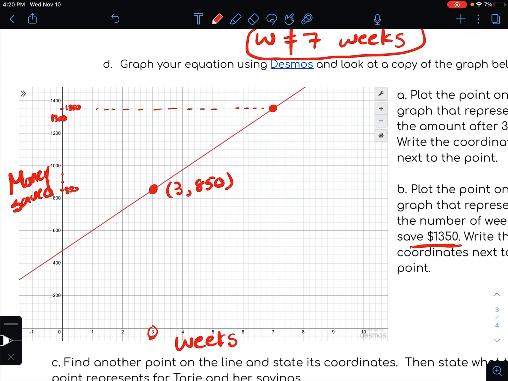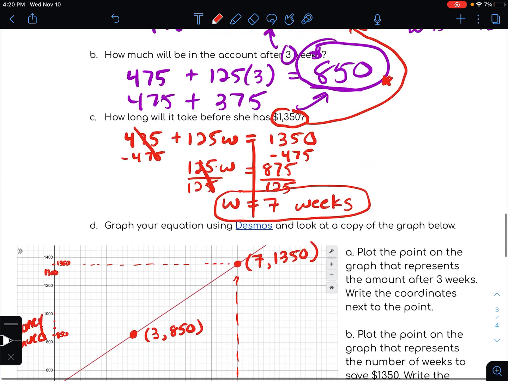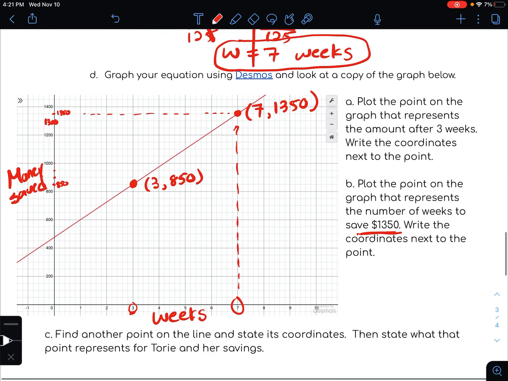Notice that also matches up with 7 weeks right here. So there is 7 weeks and $1,350. We can see that those combinations work. We know they work because we already solved for each one of them up here, and that means those combinations of weeks and money saved are going to be on the line.